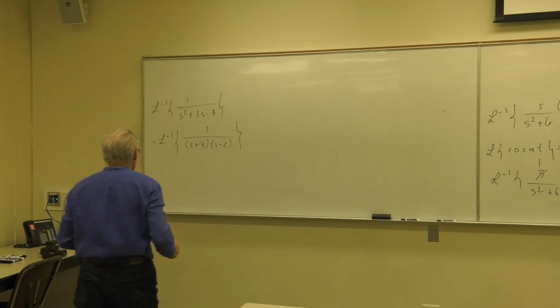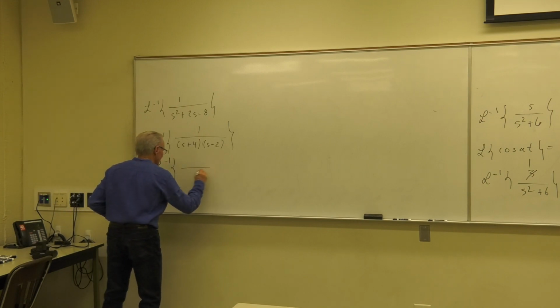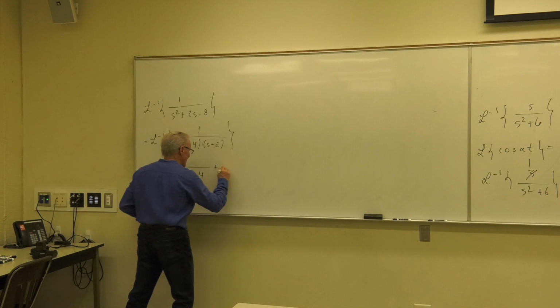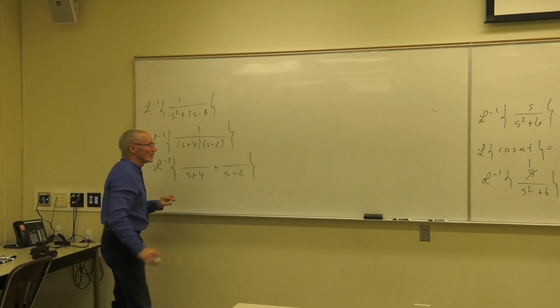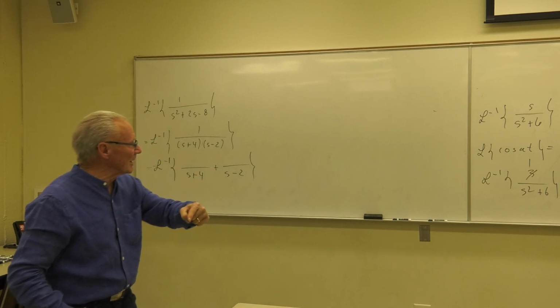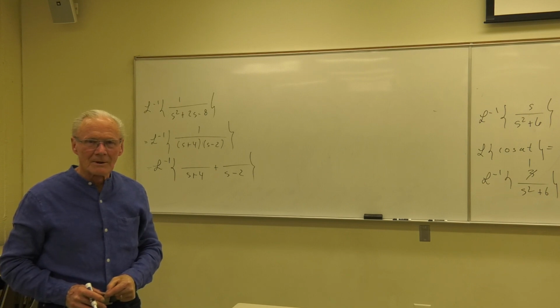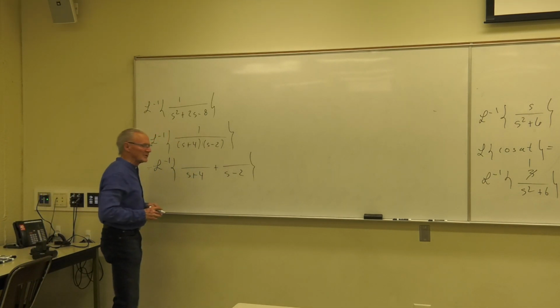The inside of the braces equals the inverse transform of something over s plus 4 and something over s minus 2. Then it's going to look like that exponential one I did a minute ago and I erased it. So if we get the partial fraction decomposition here, we'll be able to finish.